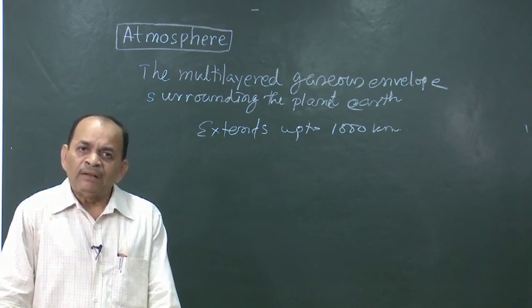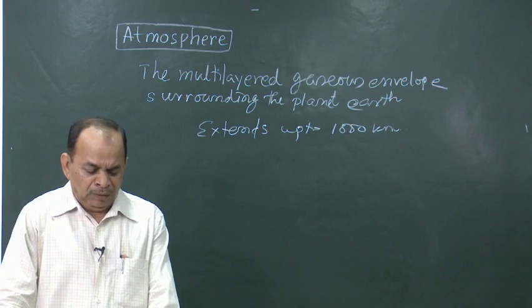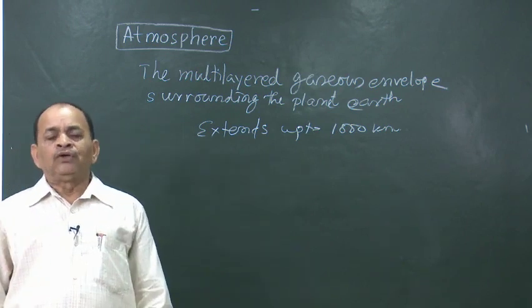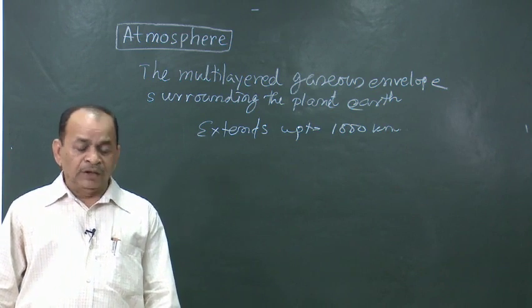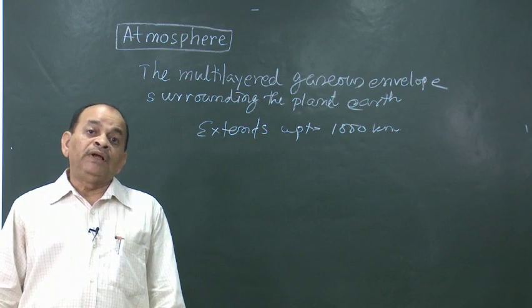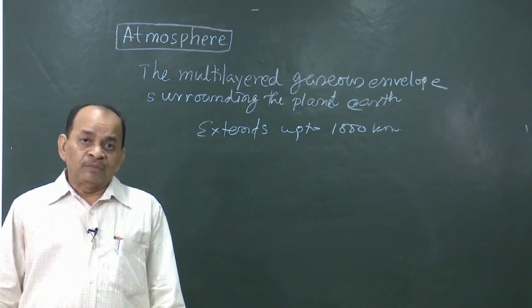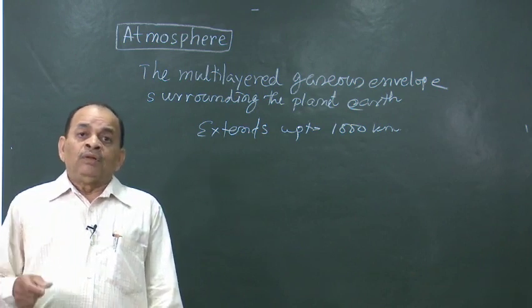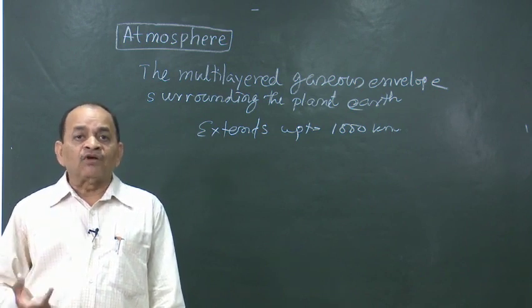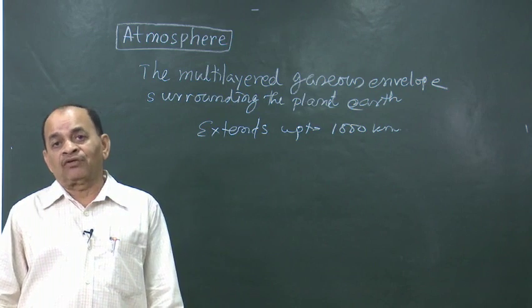Then number two, it serves as an insulator to prevent heat loss at the earth's surface. Because if the heat is lost, then life will not be possible on the surface of the earth.